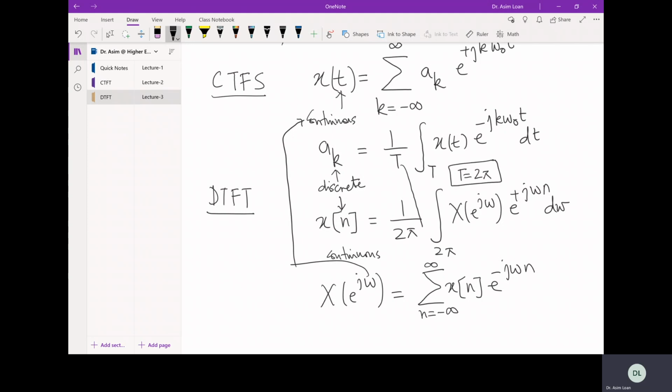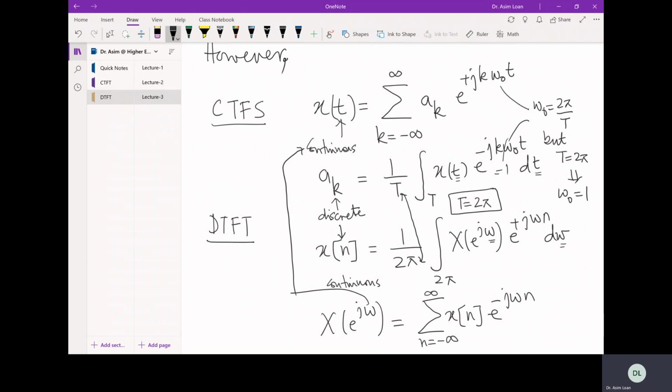T equals 2 pi. So the integral over T is the same as the integral over 2 pi. Omega naught over here is 2 pi over T, but T is equal to 2 pi. So this implies omega naught equals 1. And similarly, this is equal to 1.